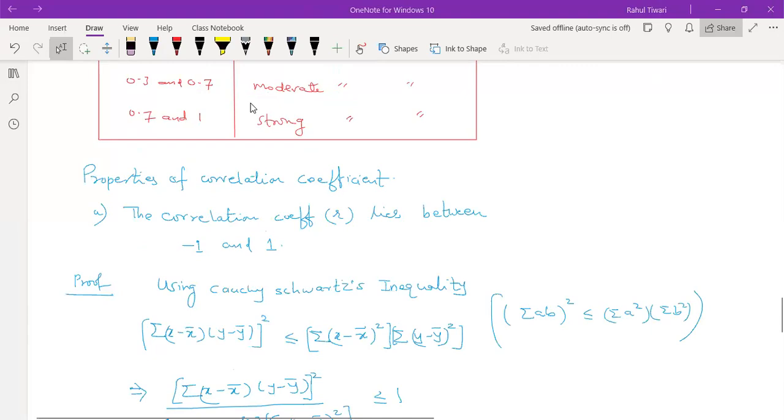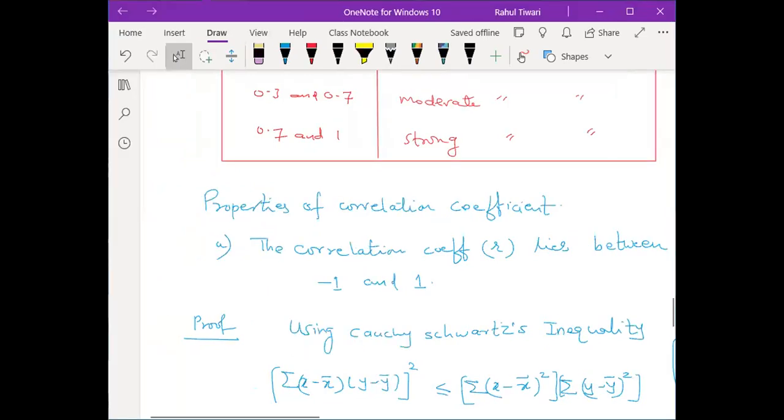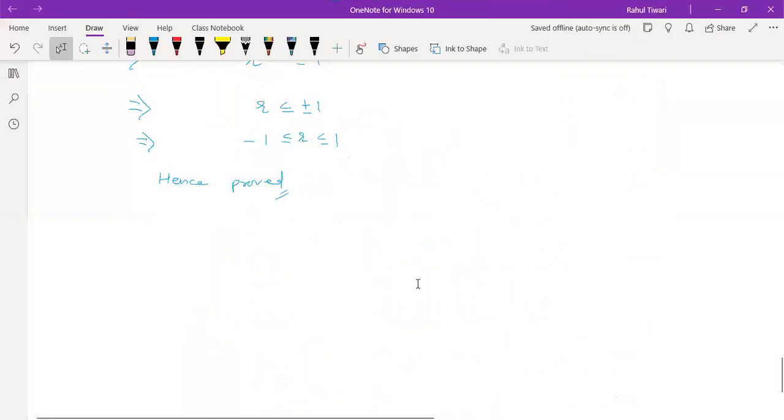What does the next property say? The next property will be the B part.